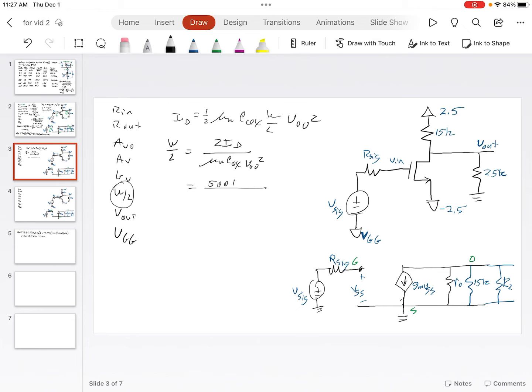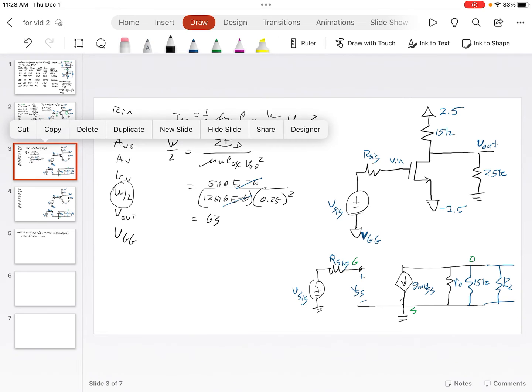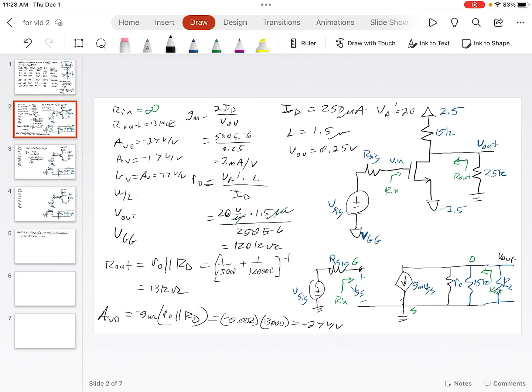We've got 2 times 250, so that's 500 microamps, and mu n Cox is 125.6 microamps per volt squared, and V overdrive is 0.25. And don't forget to square that. We might as well just cancel off the e to the minus 6's, and that equals 63. So we need W over L to be 63.